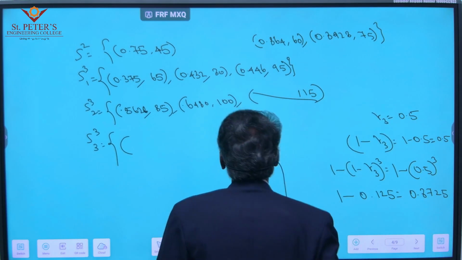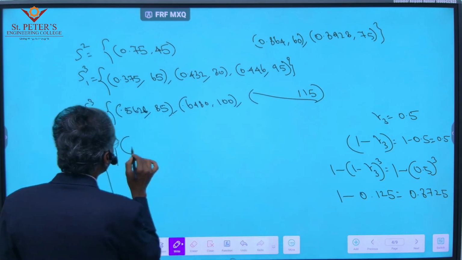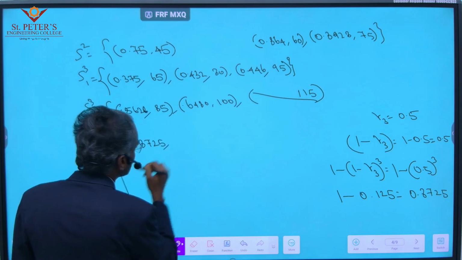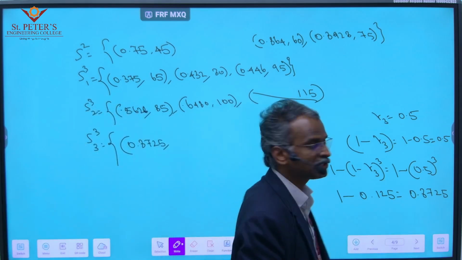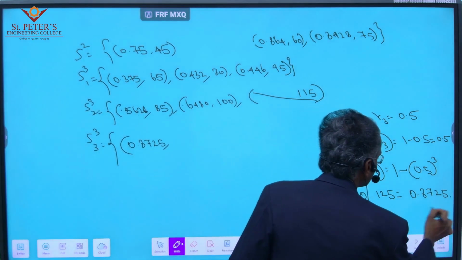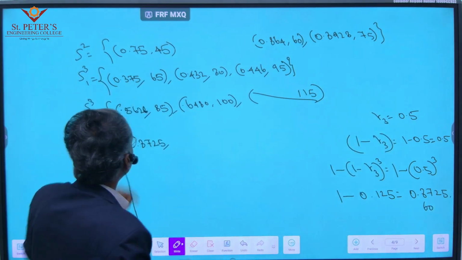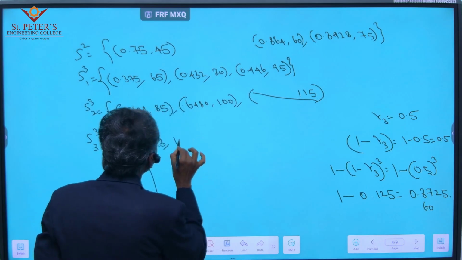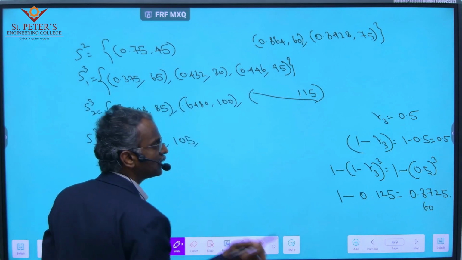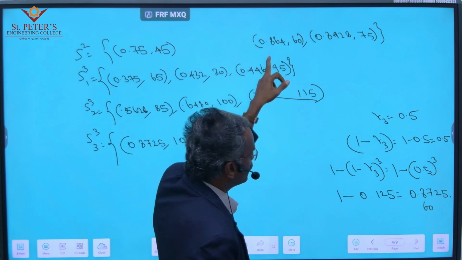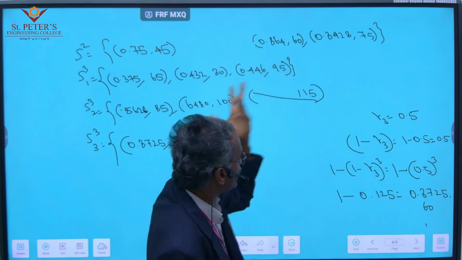So 0.875 comma 3 copies, 60 rupees we need to add with this. So 45 plus 60, 105. And here the second one, 60 plus 60, it became 120.